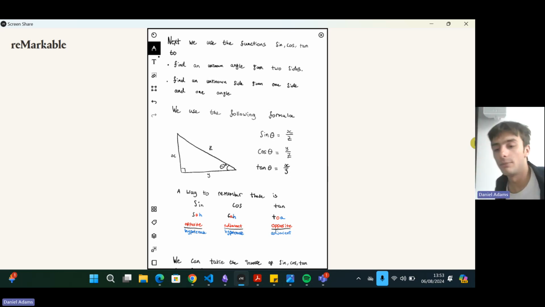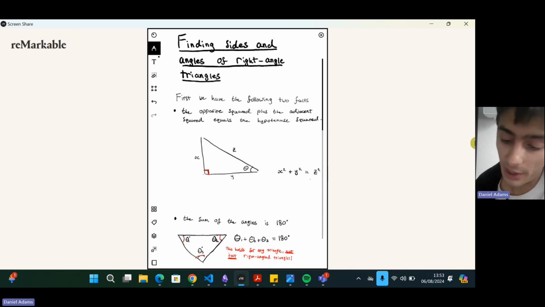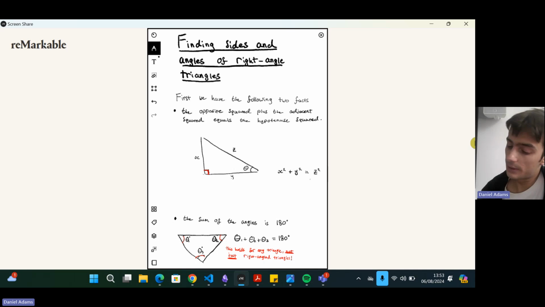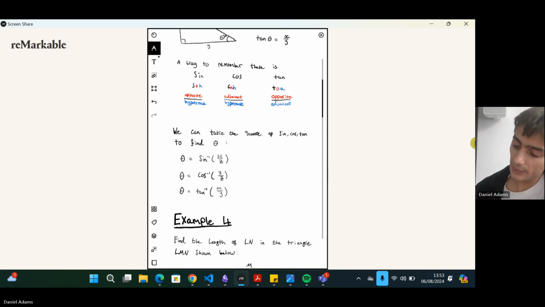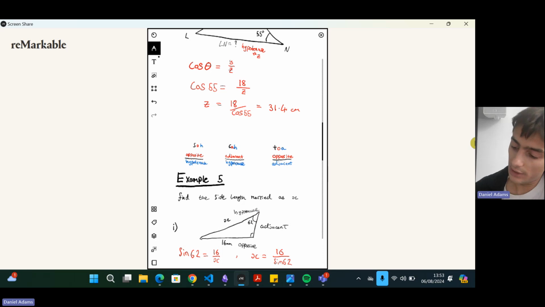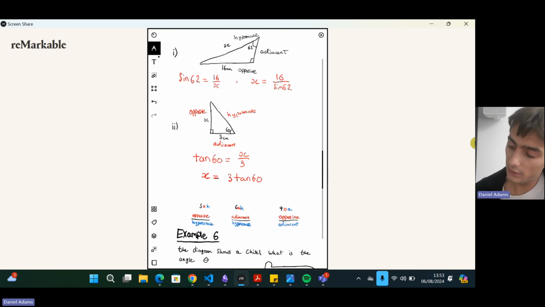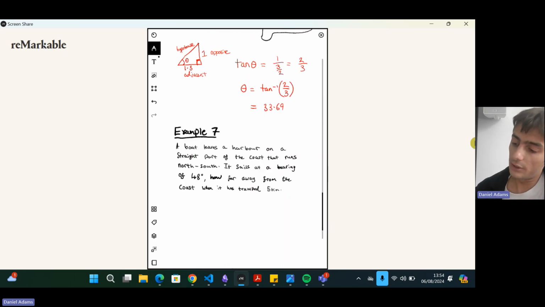So that is really everything that you need to know from this study session on right-angled triangles: the Pythagorean theorem, and the sine, cos, and tangent functions. If you think you've understood it, then please try these last 2 examples that we didn't go through, but will be available online.